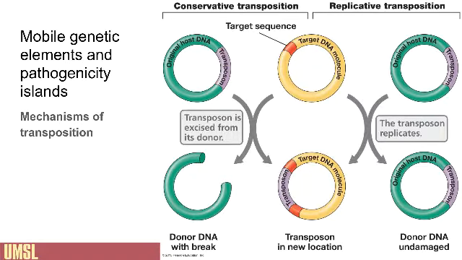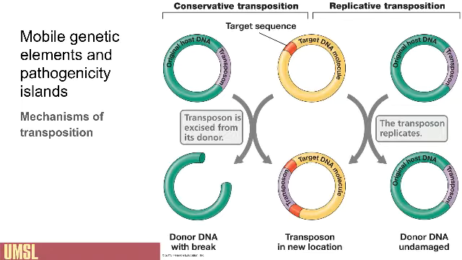So there are a couple of mechanisms that transposons move through. I talked about this a bit. One is conservative transposition, so this is cut and paste, where the transposon excises itself and pops into a new location. And then there's replicative transposition, where this transposon is duplicated, so it's a copy and paste transposition.